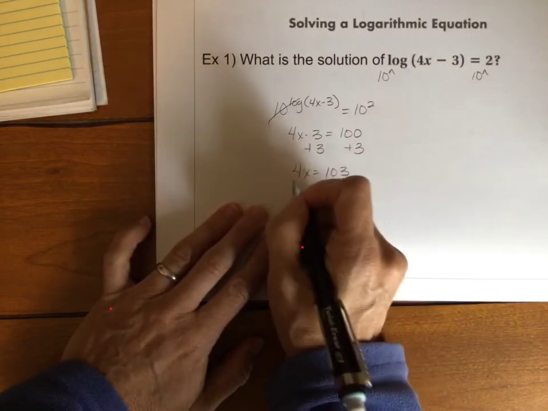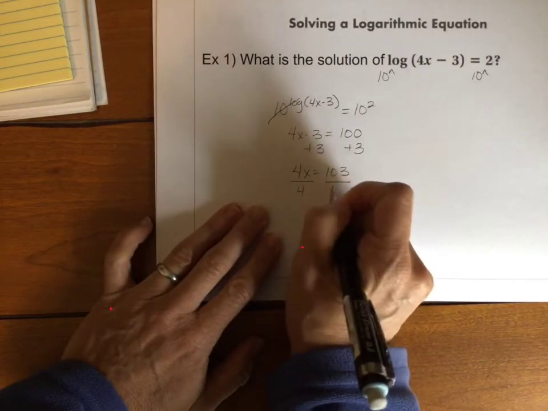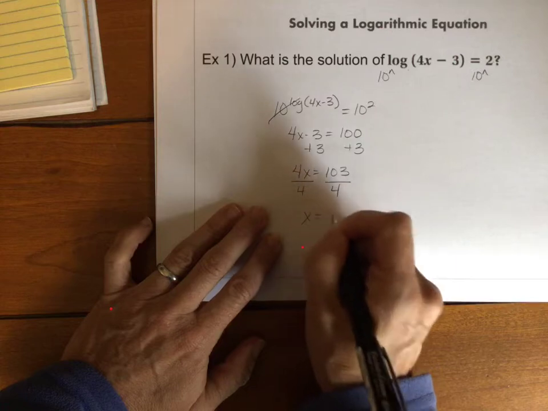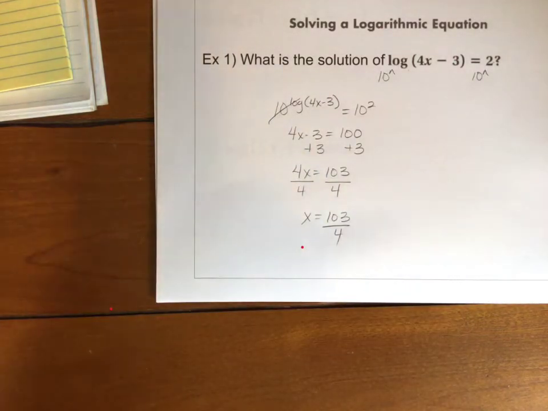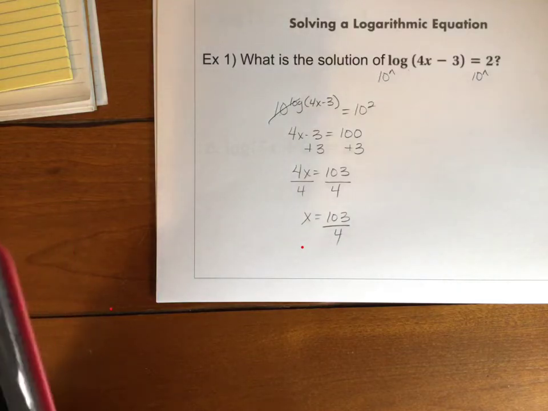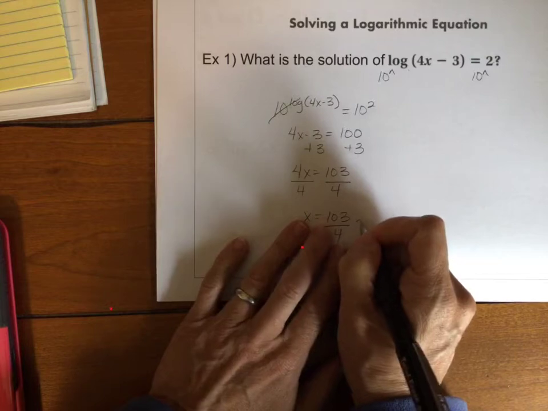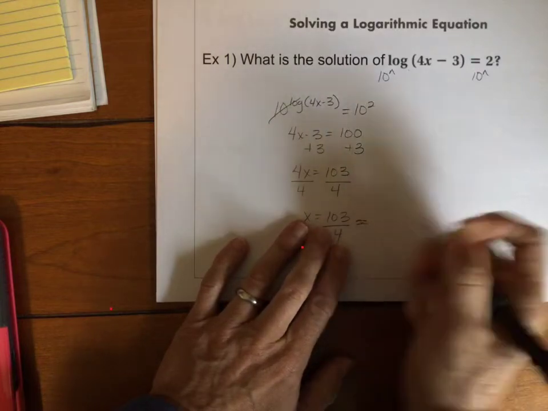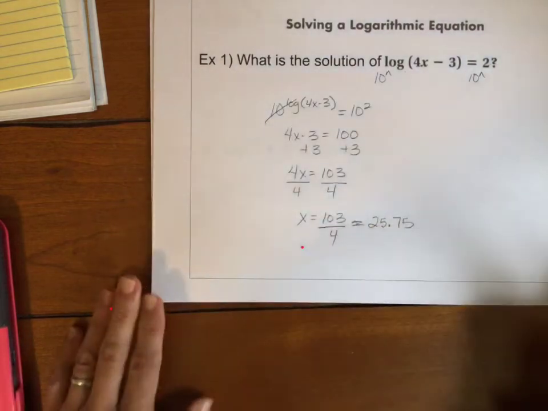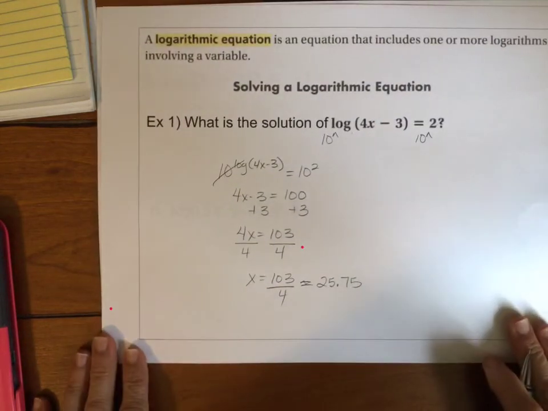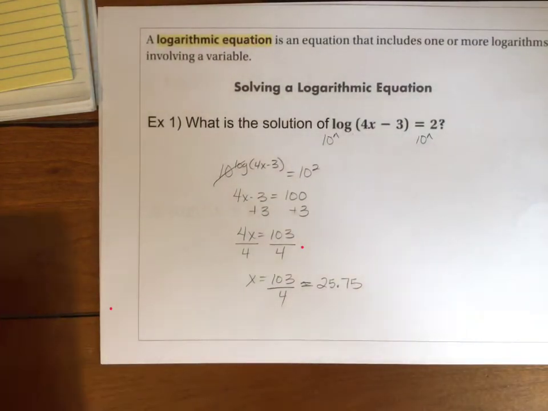And then I would divide both sides by 4, give me x equals 103 over 4. It's probably a very ugly decimal, so 103 divided by 4, oh, it's not too bad, it is 25.75. All right, so there's the full problem.